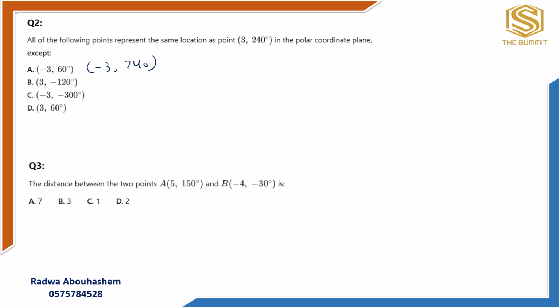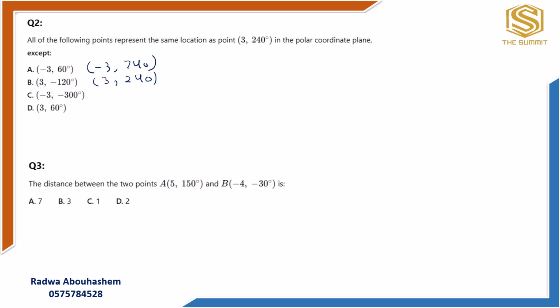Now here, 3 and negative 120. The r is positive, so I could add 360 or subtract 360. So if I add 360, it gives me also 240. Still the same. Now, negative 3 and negative 300. Negative 3, he flipped the direction of the radius, so he added 180 or its multiple.